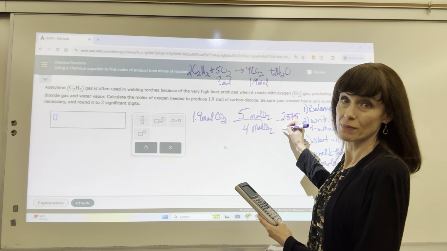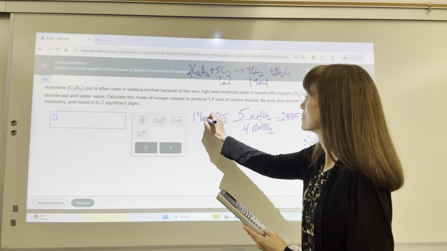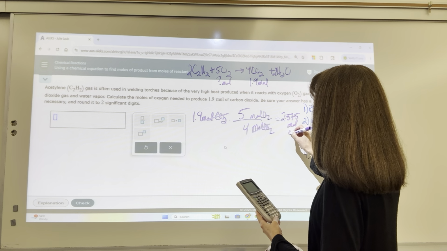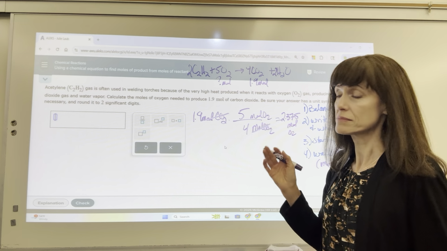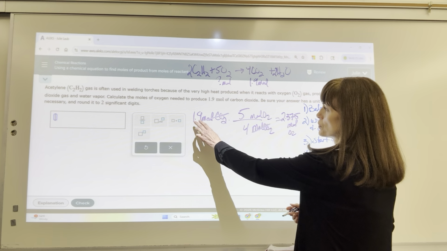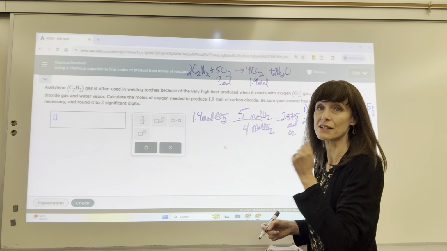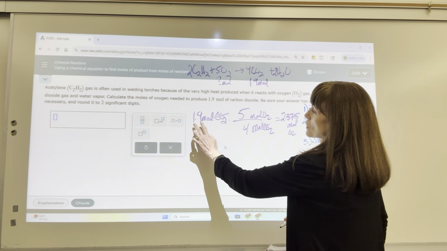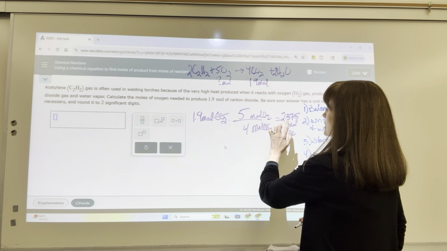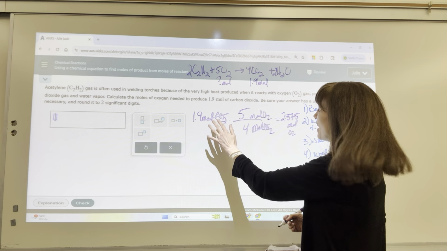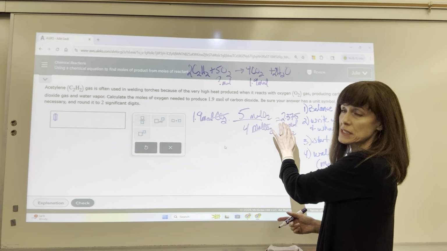Watch my unit. Moles of CO2 cancel, and we end with moles of O2. Now, I started with 2 sig figs here. These molar coefficients are considered exact numbers, so you don't include them in the sig fig consideration. I have to end with 2 sig figs.